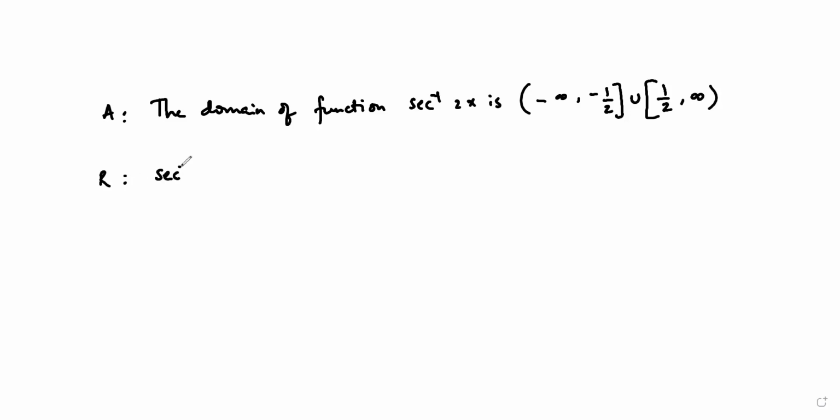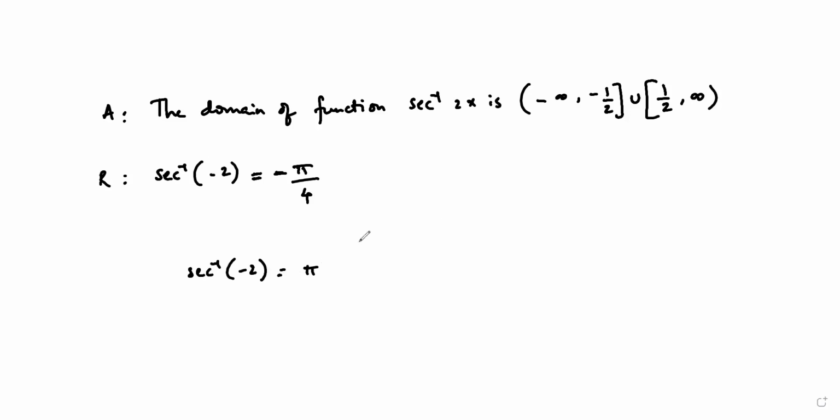Reasoning: secant inverse of minus 2 is equal to minus pi by 4. First of all, I will take the reason, sir. This second one is false.